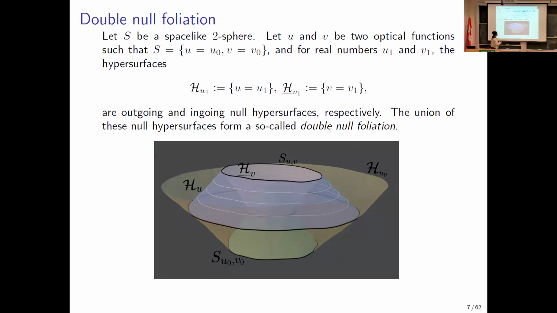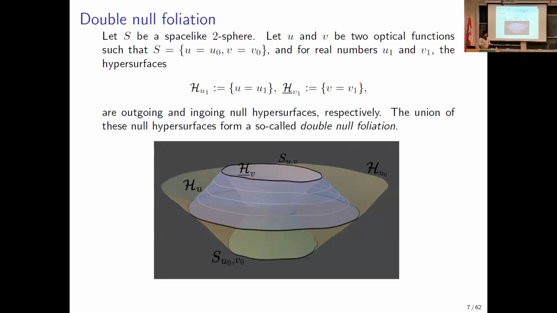And what I just said, you can do not only for the initial outgoing and the initial incoming null hypersurface, but for any outgoing null hypersurface and for any incoming null hypersurface. So any outgoing null hypersurface will intersect some incoming null hypersurface, and the intersection will be some 2 sphere.